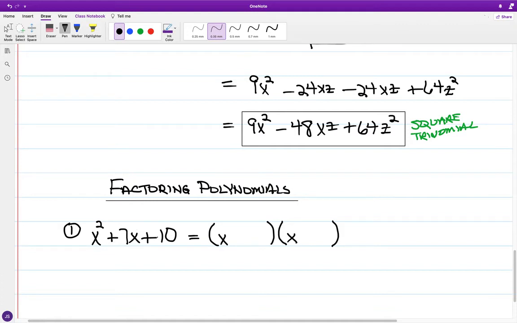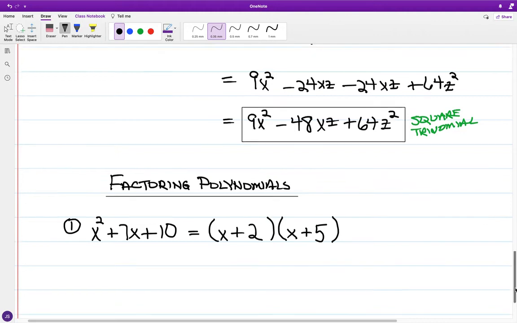So you have positive terms throughout. So we'll have addition in both factors, one of which will consist of a positive 2 and the other a positive 5. And it does not matter what order you place the factors. It could have been 5 at the front and 2 as the second constant. So you could switch the order of the factors.